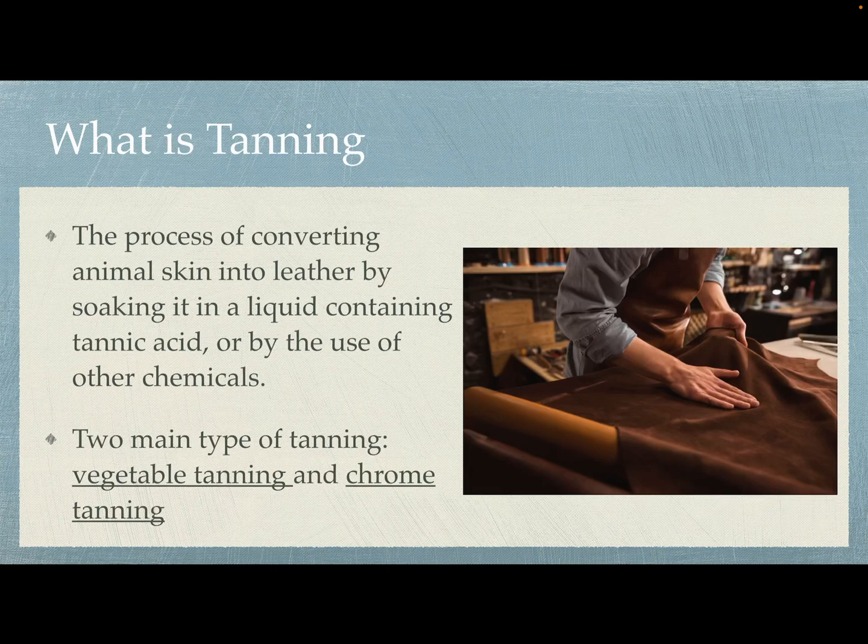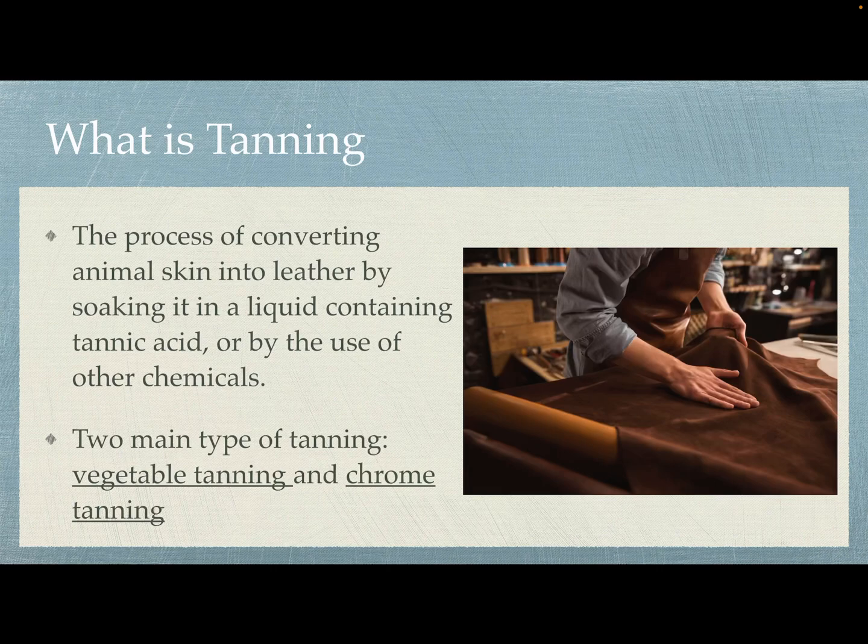So when an animal is slaughtered, its hide or skin is removed and now starts the process of preserving it. If the hide is not treated properly, it will quickly decay and become unusable. Tanning is the process of converting animal skin into leather by soaking it in a liquid containing tannic acid or by use of other chemicals.